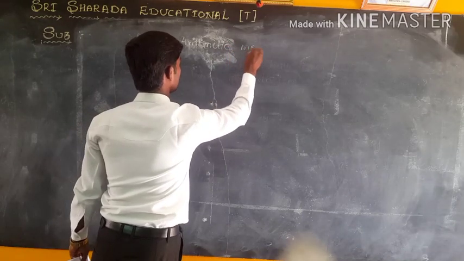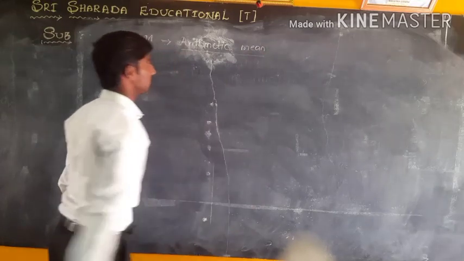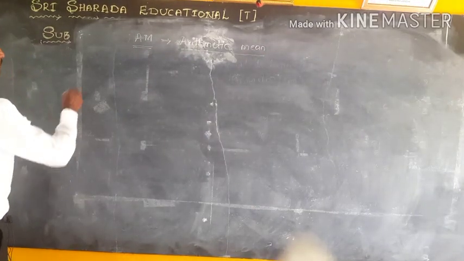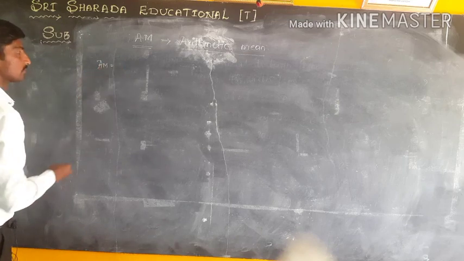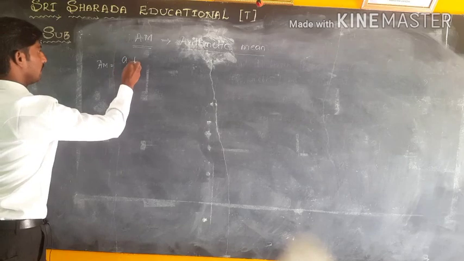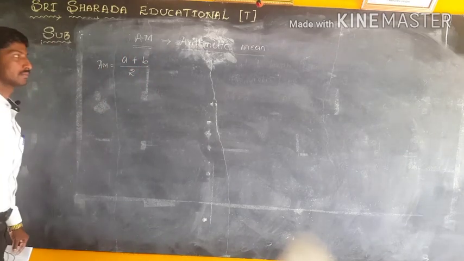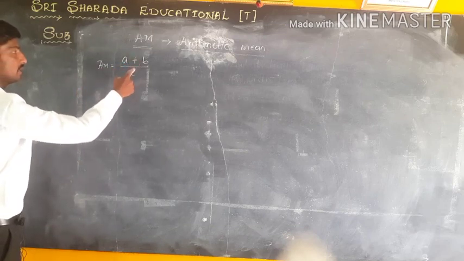So what does it mean? For arithmetic mean, AM is equal to, we have the formula, A plus B divided by 2. Arithmetic mean is equal to A plus B divided by 2.